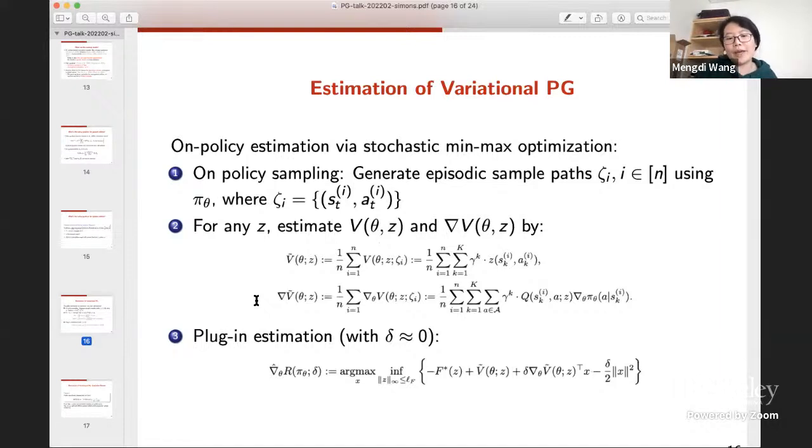And then we have a stochastic min-max optimization problem, which is going to give me an estimator of the policy gradient for general utility function. Okay, and in order to solve this problem, one can use any kind of, for example, stochastic primal-dual gradient or accelerated stochastic primal-dual gradient. So this is actually a problem that has many tractable solutions.